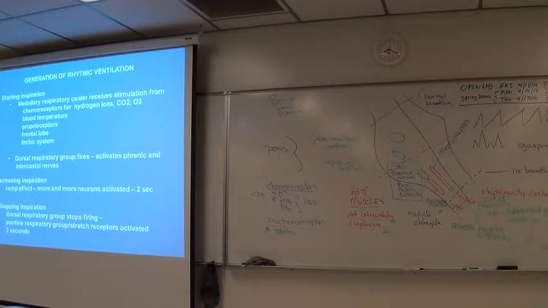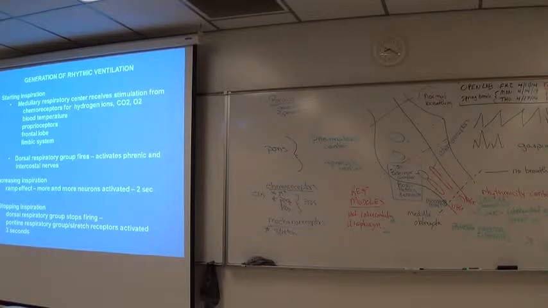So the bottom part will work if the top part is not connected? Yeah. You wouldn't be able to take a deep breath on purpose, but you would still have the breathing occurring, because that's a reflex, which we can override.